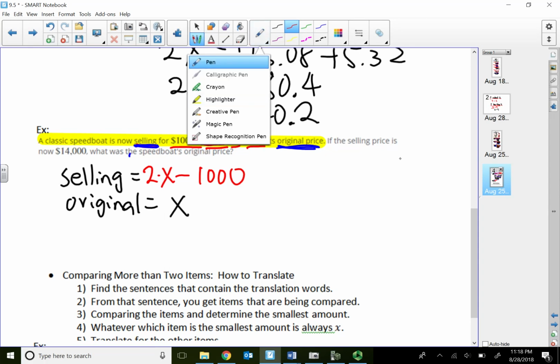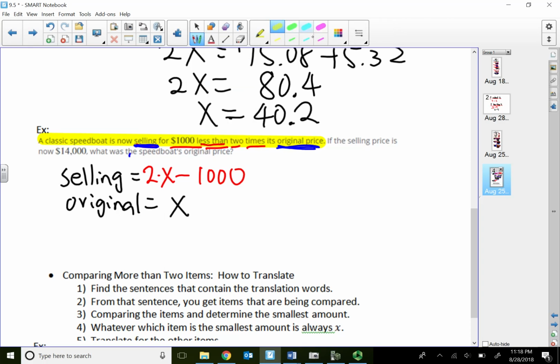See, I did not even finish reading the whole thing. I just read what I need to translate first. The next sentence says, if the selling price is now 14,000, comma, if you keep reading, what was the speedboat's original price? So that last bit from the comma to the question mark is who you need to find.